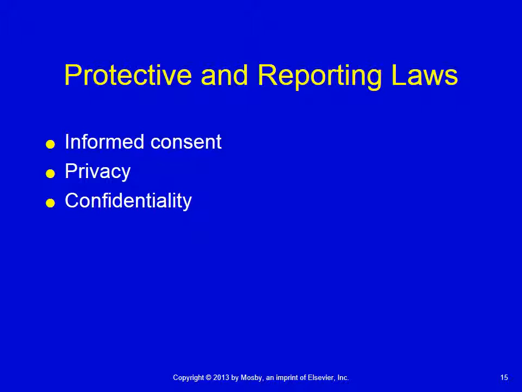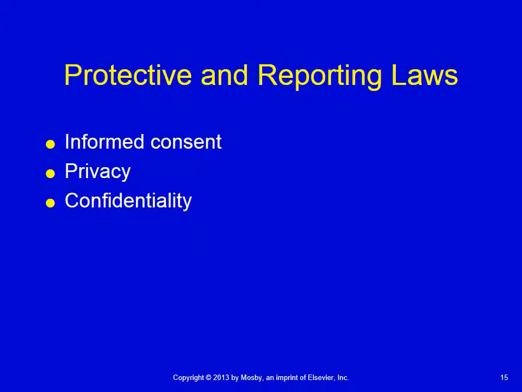We're going to move on to laws related to protecting patients and reporting illicit behavior. First of all, most states have reporting laws for suspected child and elder abuse and laws for reporting certain diseases and injuries.